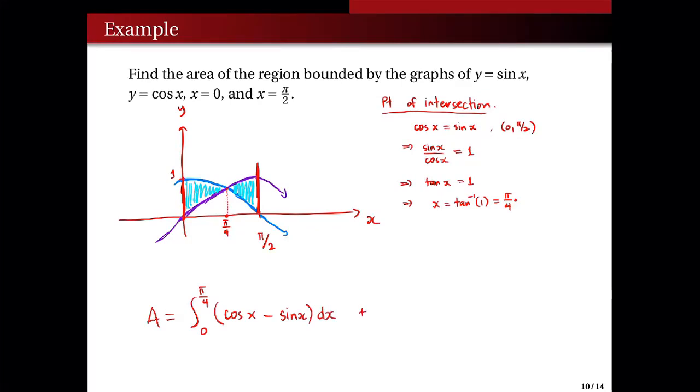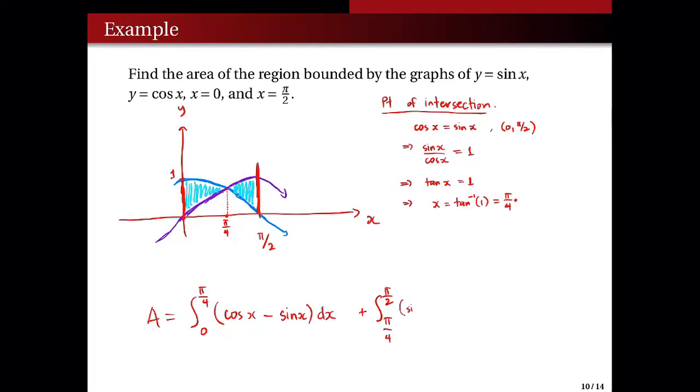Then plus integral, this time from pi over 4 up to pi over 2. And in here, the above function is your sine function, and the below function is your cosine function.